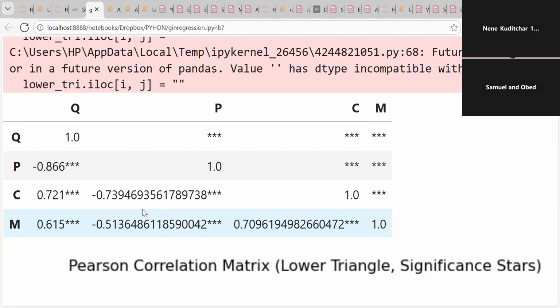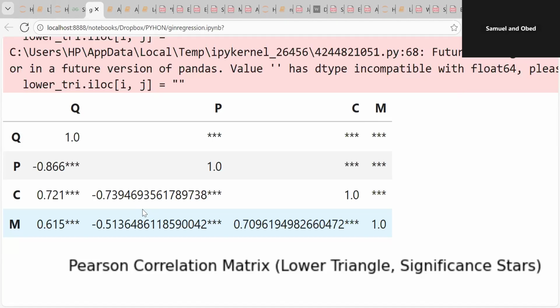Exactly. Then you mentioned the coefficient, 1.0. Very good. Who can tell us the second pair? Price and price, which is 1.0. Good. Third one.